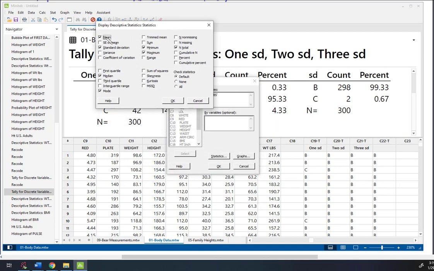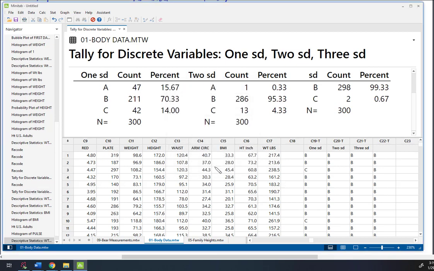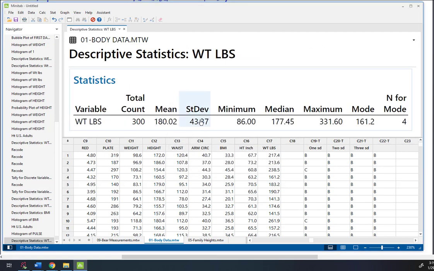Well, let's look at the mean, and now we know what standard deviation is, so let's check standard deviation, and we know the median and the mode. We might as well look at all of those since we know what they are, and the min and the max, and how many pieces of data we've got. So I'm picking those off of this menu and saying OK. Now we're going to do descriptive statistics for weight, and I pick the statistics I want, so I think we're all right there. We'll say OK, and this is the result.